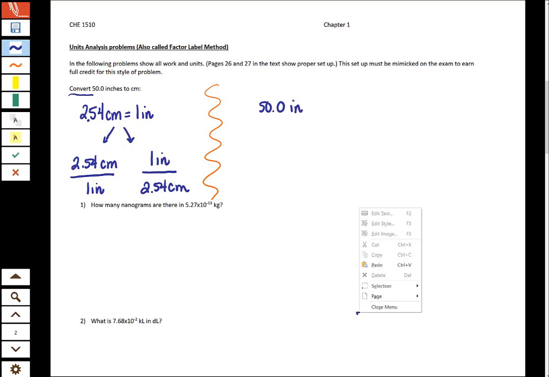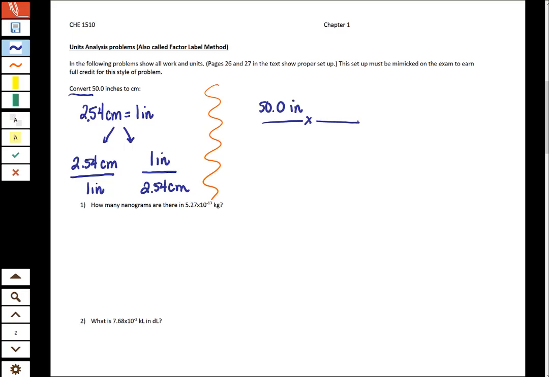So try to remember that the reason we're learning dimensional analysis right now is because when we get to chapter 3 and we have to do dimensional analysis in moles, you need to have the process down pat first. So we're going to learn the process now in something that's tangible, and then we'll use it more later on.